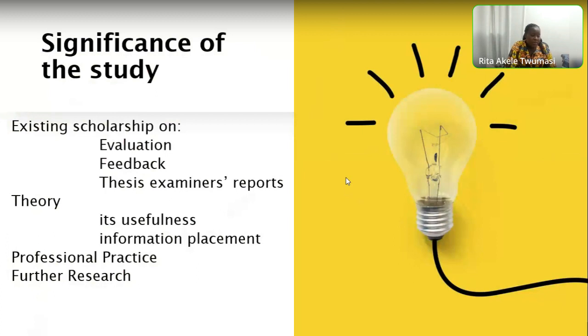The study also has implications for professional practice, in that the findings showcase some linguistic resources available in referring to the candidate to help examiners improve their writing of the thesis examiners' reports and to avoid monotony. There is also a suggestion for further research in transitivity regarding the use of other meta-functions and exploring the same data, which is the thesis examiners' reports.